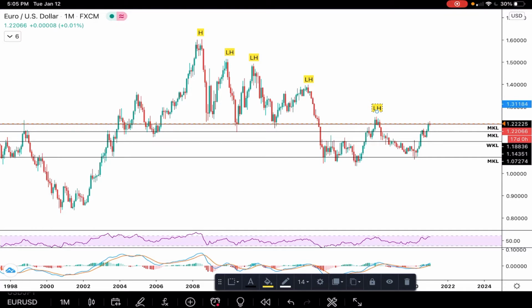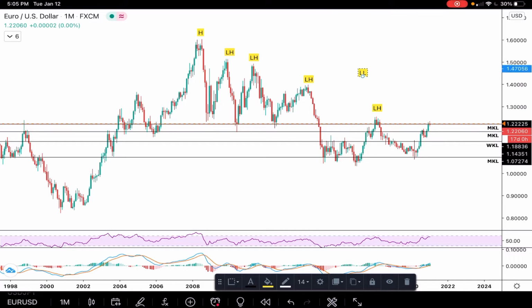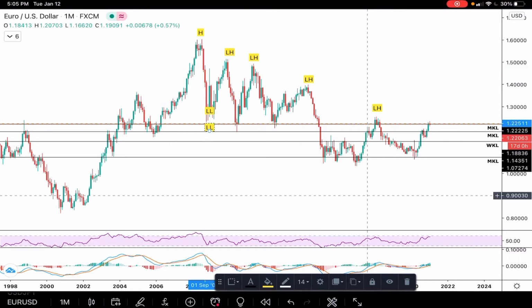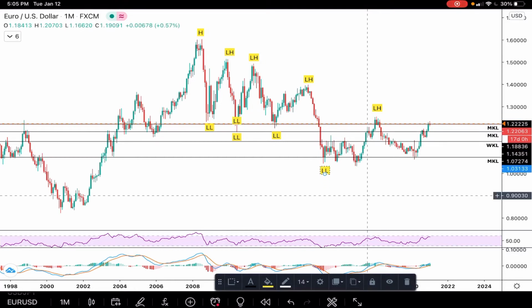As far as the lower lows, got the lower low here, lower low. This is kind of an equal low, so we'll keep that in mind. That's just an equal low, lower low, and lower low.